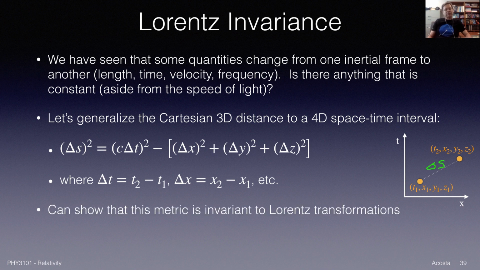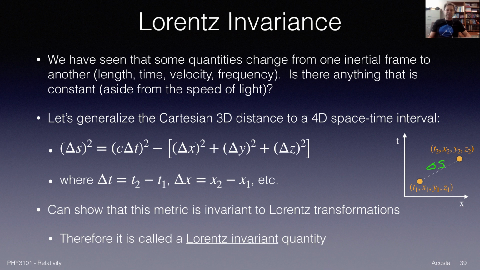It can be shown, and we will show, that this metric, this definition for something generalizing distance, it's kind of a space-time distance, is invariant under Lorentz transformations, so it is the same in all inertial frames. Therefore, for something that is the same in all inertial frames, we're going to refer to that as a Lorentz invariant quantity. Okay? And this is one example of such an invariant quantity in space-time.